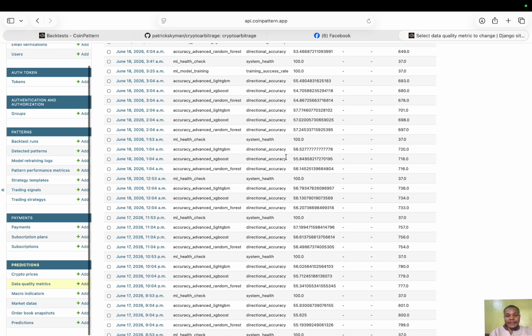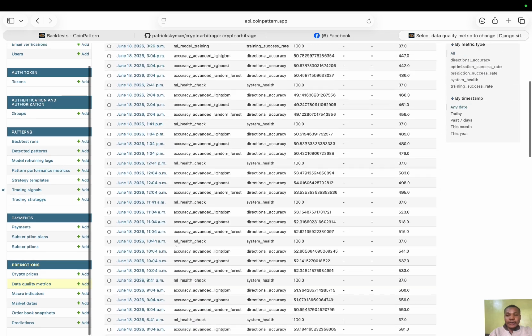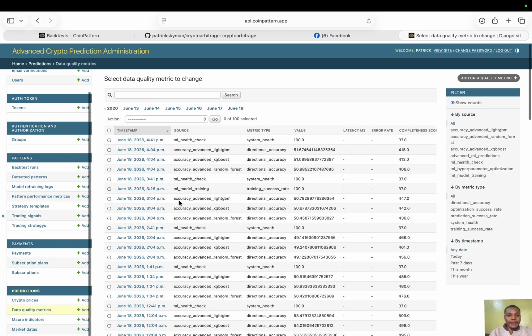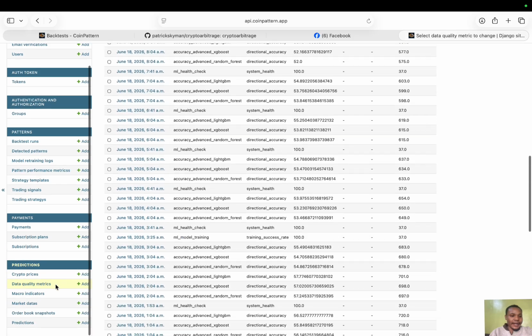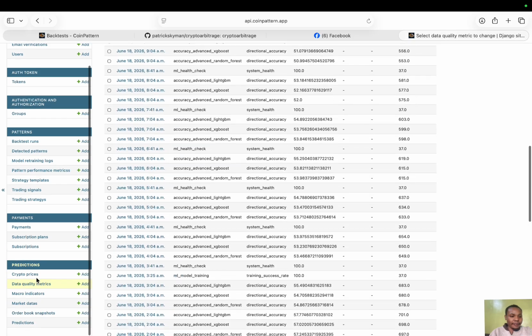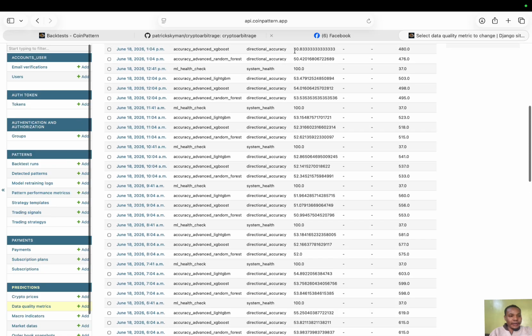Once that is activated, it gives much higher accuracy. We're using a total of at least four models: LightGBM, XGBoost, random forest, simple random forest, and so on. That is essentially what is going on in this project.